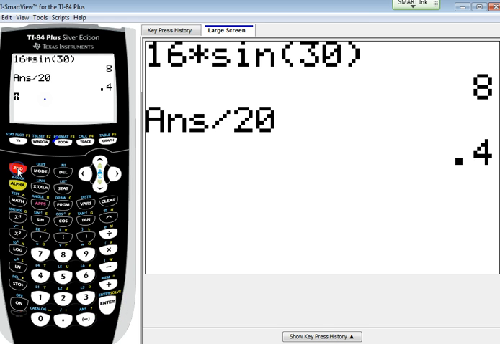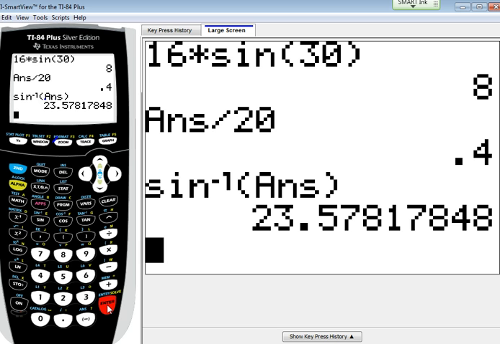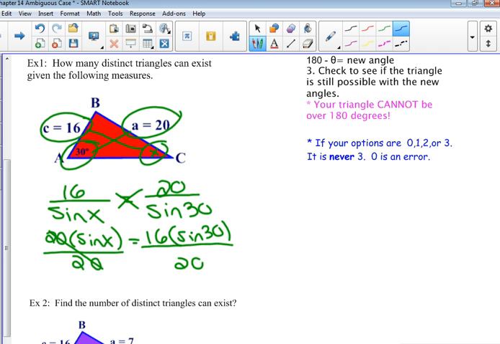Then we do second sine of 0.4. On these ambiguous case problems, we always go to the nearest degree measurement, so the nearest degree here would be 24. This tells us that my little angle F is 24 degrees.